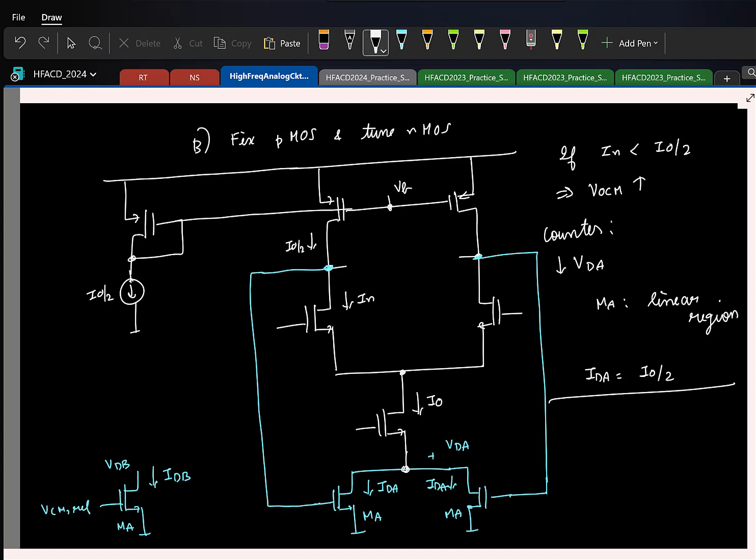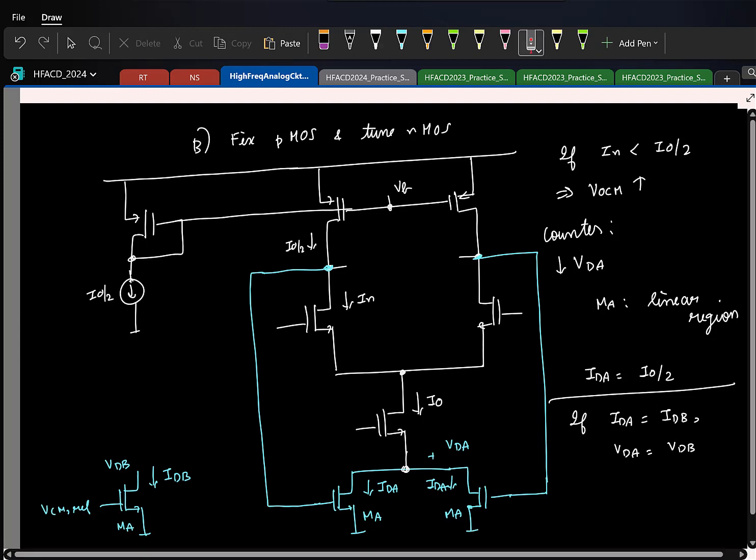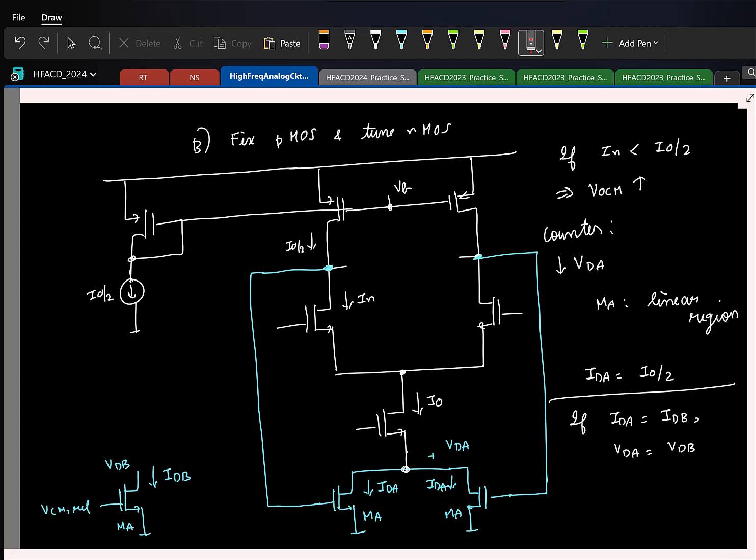So what I'm saying is, if I ensure the two drain currents to be equal and the drain voltages to be equal, what do you think will happen to the gate voltage? The negative feedback loop will automatically set it to the same. That is the only possible solution to which the loop can lock, right?